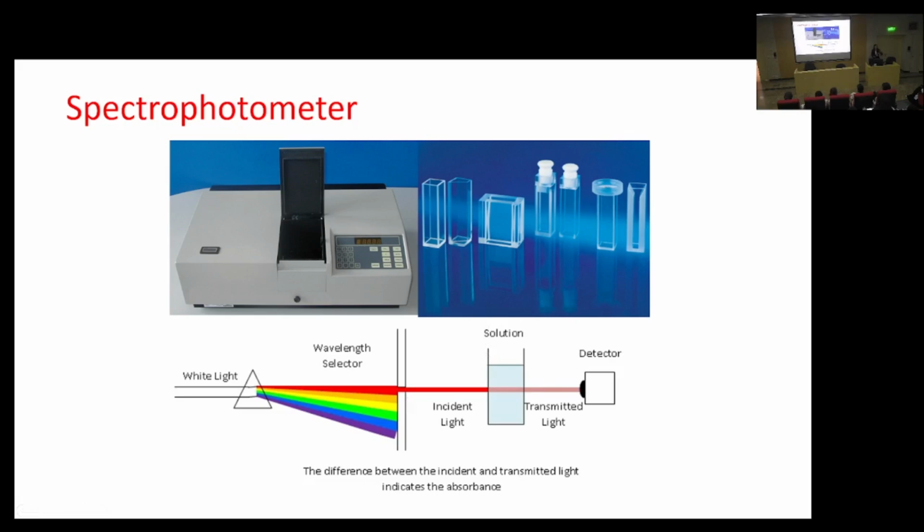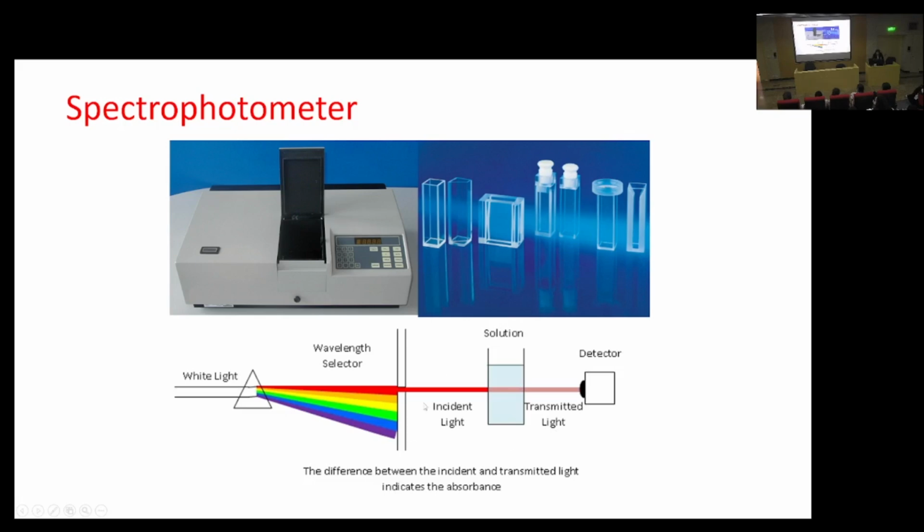So probably there will be a particular wavelength that could be absorbed by the particles, the proteins that are inside your specimen. So you need to select. You don't want to shine the whole light because this will scatter light. So you select a certain wavelength that will be absorbed by the proteins inside your solution. And on the other side, there's a detector that detects the transmitted light.